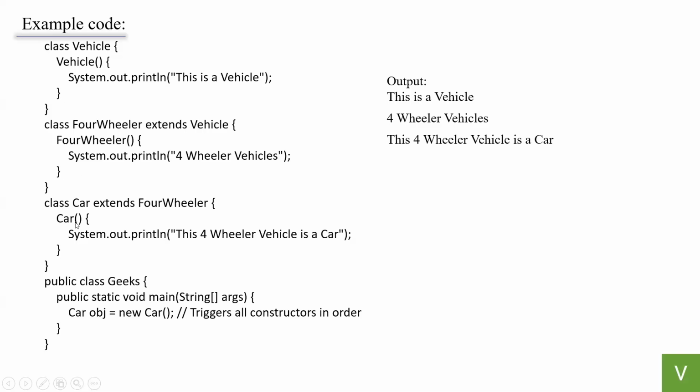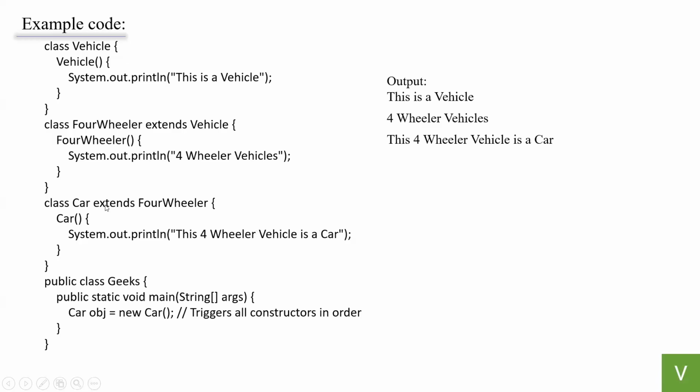That is, car's parent class is four-wheeler, whereas four-wheeler's parent class is vehicle. If I access obj dot vehicle, then it prints all this. So the output of the program will be: this is a vehicle, this is a four wheeler vehicle, this is a car.